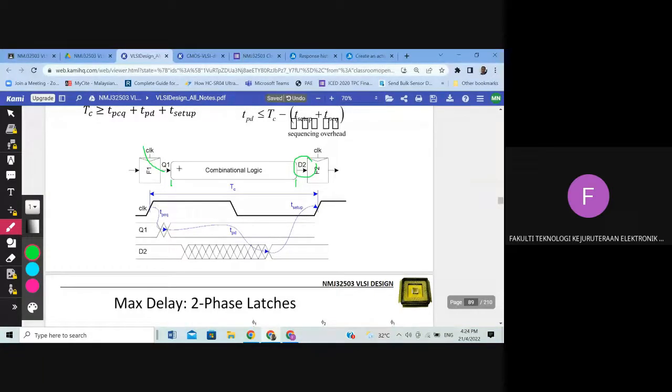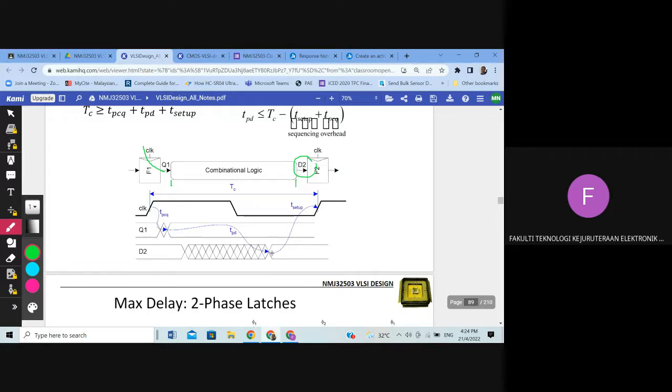TPCQ happens inside the flip-flop, clock to Q. TPD is inside the combinational logic, and T setup is inside the second flip-flop, for the input D to become stable at flip-flop number 2.